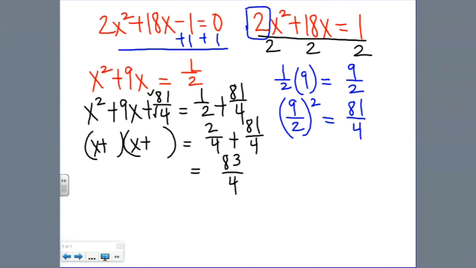So we saw earlier the square root of 81 is 9, and the square root of 4 is equal to 2. When completing the square, you should end up with the same binomial in each parentheses, so that way you can rewrite it with an exponent of 2.